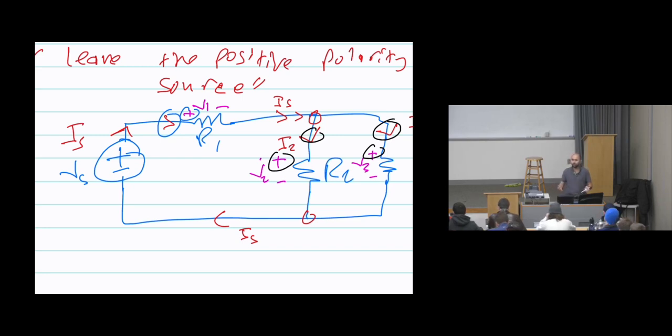You can imagine there is a water pump that provides some water pressure. The water goes out from that water pump. Therefore, the current goes out from the positive polarity of the voltage source. Then the water will flow to resistor R1.